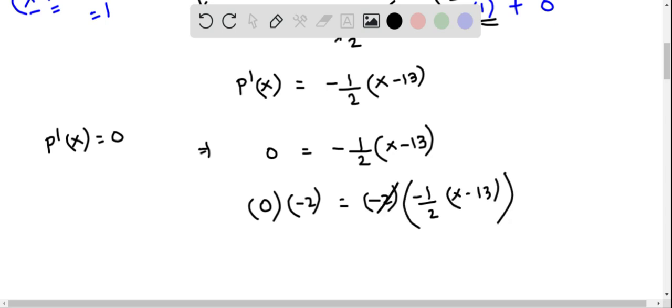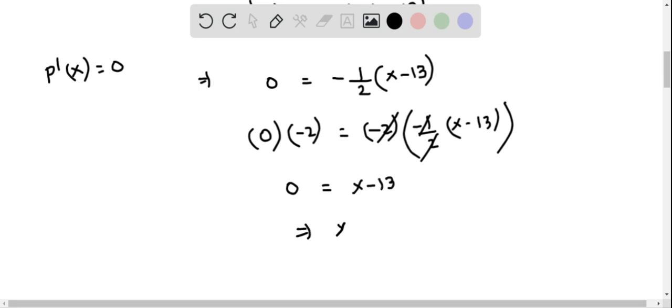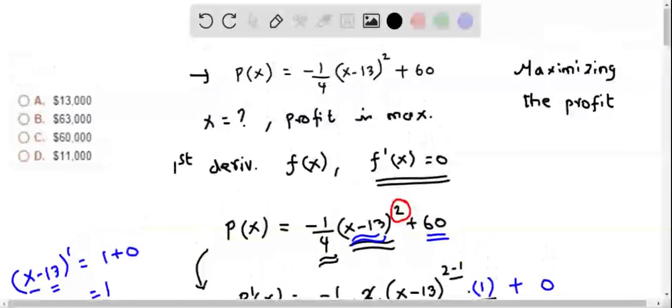So this negative 2 will cancel with this negative half, so it becomes 1. This side we have 0 equals x minus 13, and this gives x equals 13. So this is the value of x such that the profit is maximum.